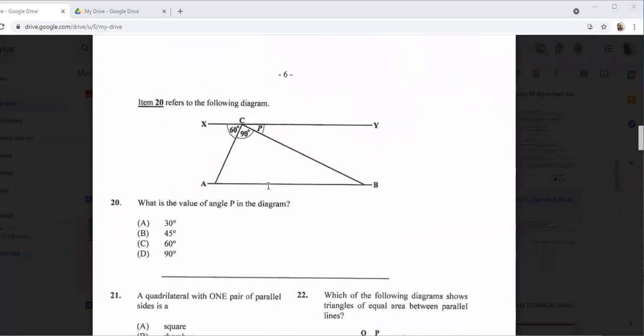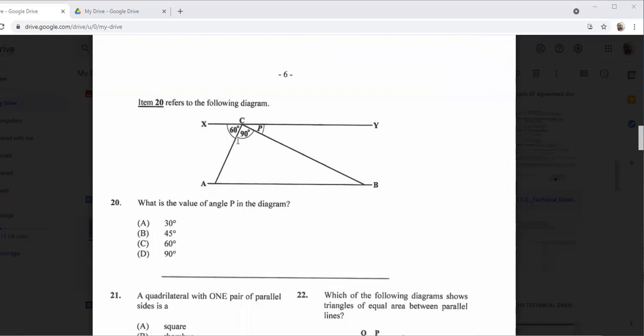All right, let's move on to this other one. Again, we looked at something like this in the book. What's the value of P? Sir, A, 30. Remember, angles on a straight line measure 180 degrees.